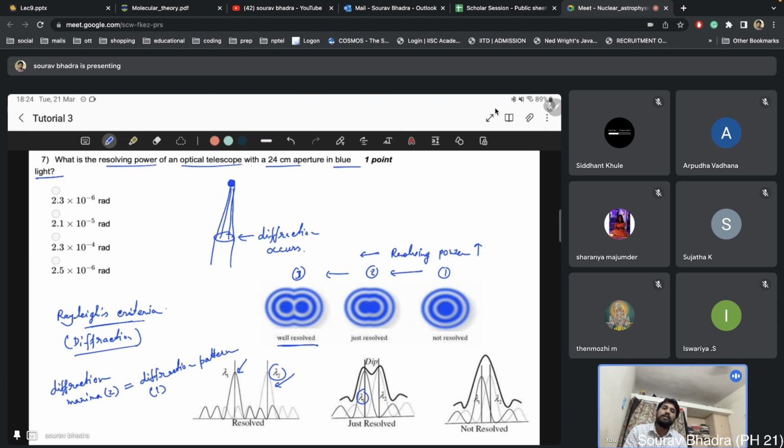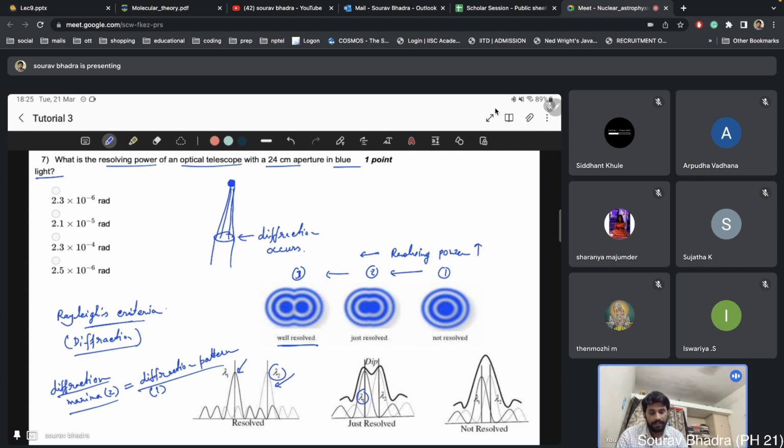If your resolution is much better than this limiting value, then you can see the two objects separately, but at least this criterion should be maintained: the maximum of the diffraction pattern of one source is exactly at the position where the minimum of the diffraction pattern of the second source occurs.